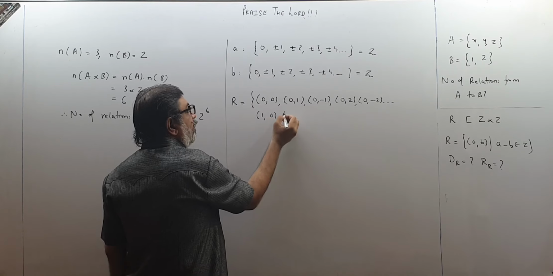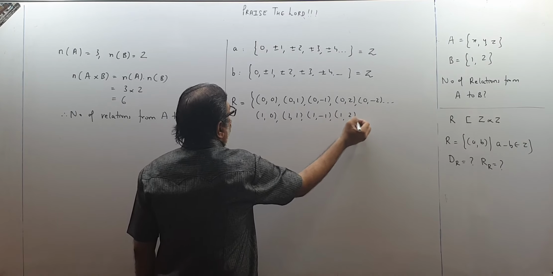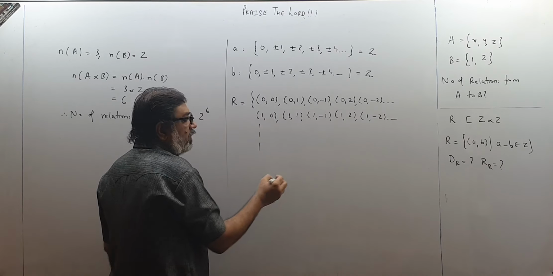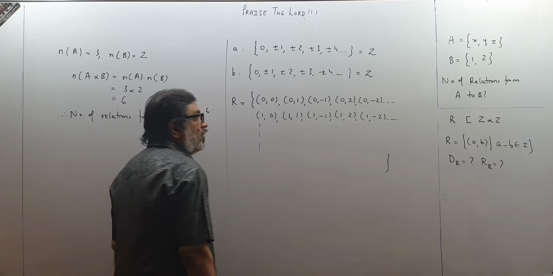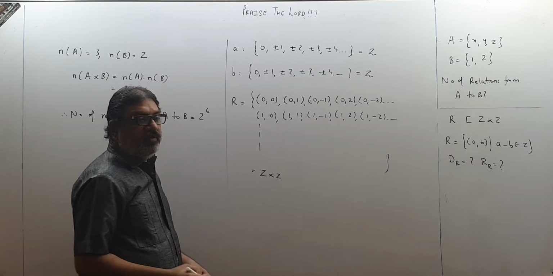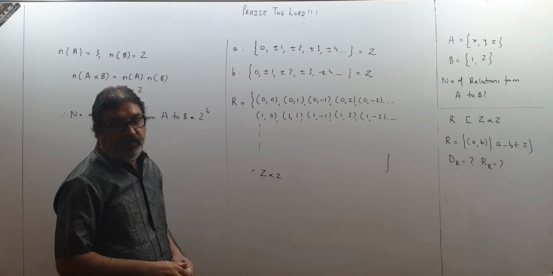With 1 also all the elements will come: (1, 1), (1, minus 1), (1, 2), (1, minus 2) and so on. And like this it will continue to infinity. So this will actually be the full Z cross Z. All elements of Z cross Z will be included in R. So this is the universal relation.